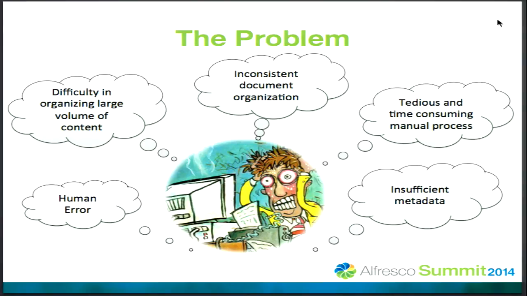Basically, when humans are entering metadata, sometimes there cannot be any metadata available, even though when you upload a document, sometimes people are lazy, so they won't add valuable metadata to the content. And sometimes even if you add metadata, the metadata will not be consistent.